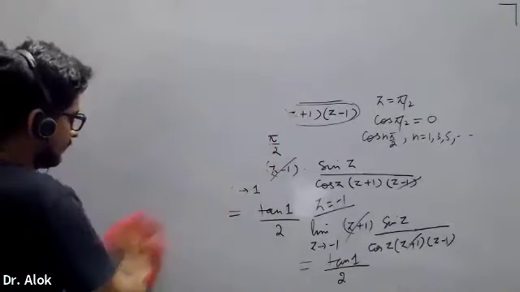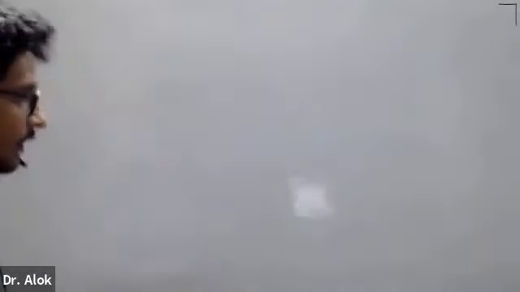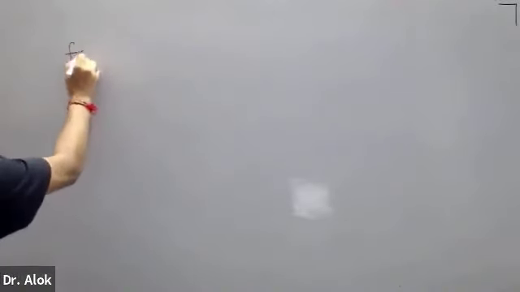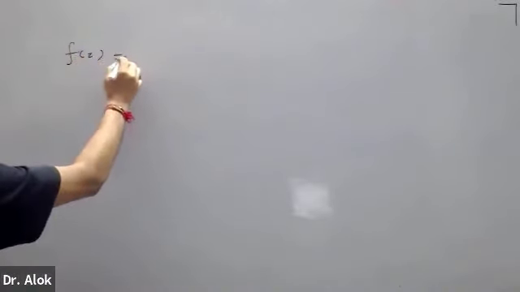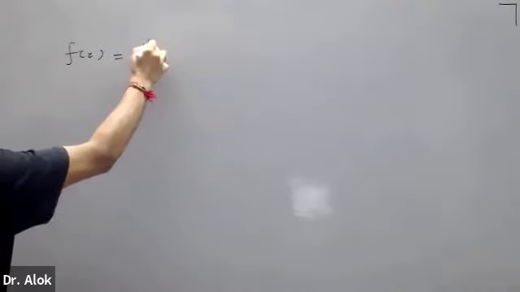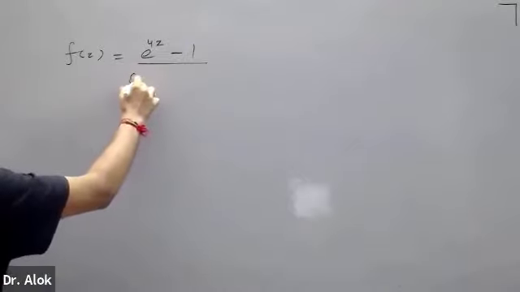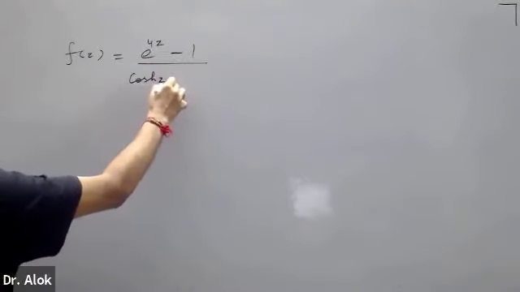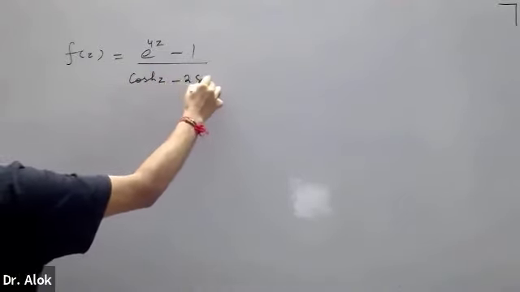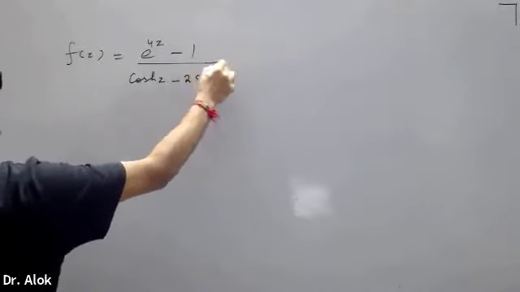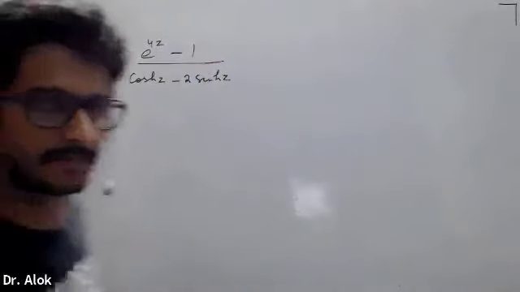Let me go ahead. There is a question: f z is equal to e to the power 4z minus 1 over cos hyperbolic z minus 2 sine hyperbolic z. This is the question.